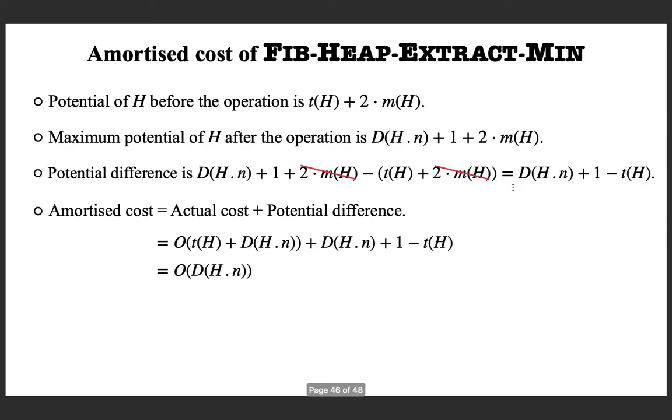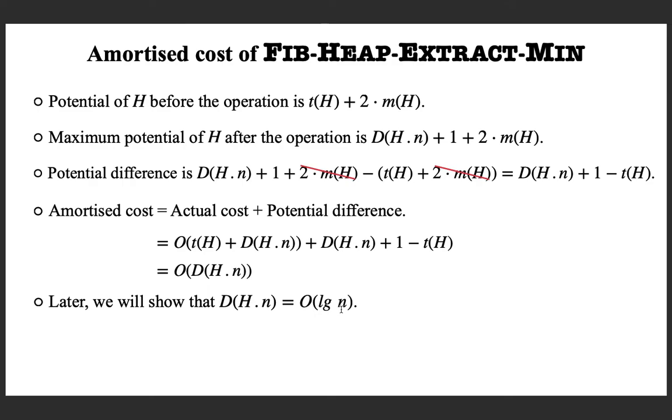Now it can be easily seen that it is in the order of the maximum degree. So that is the amortized time for performing the Fibonacci heap extract min operation, and in a later class we shall prove that the maximum degree is in the order of log n.